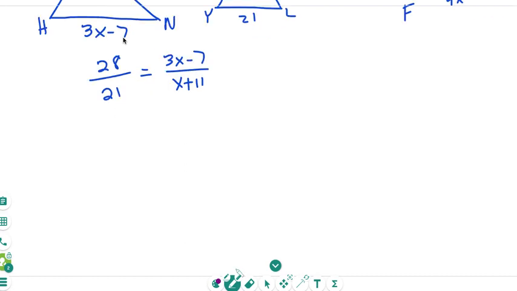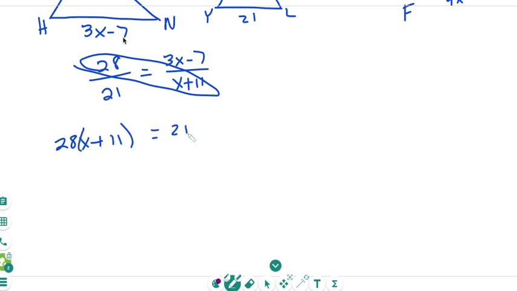Now I'm going to do my rainbow. So I'm going to do 28 times 11 plus x is equal to 21 times 3x minus 7.